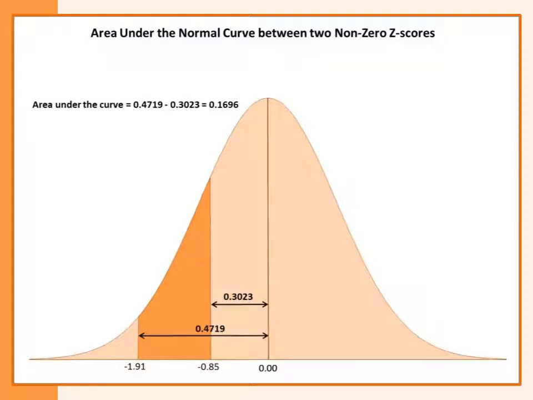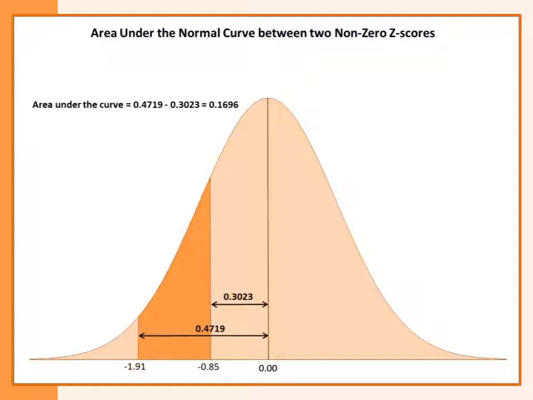Placing both z-score values to the left of our mean since they are negative, we report the area as positive because area always is positive, cannot be negative. We see that 0.4719 proportion of the curve falls between the mean of 0 and a z-score of minus 1.91, and 0.3023 proportion of the curve falls between the mean of 0 and a z-score of minus 0.85.